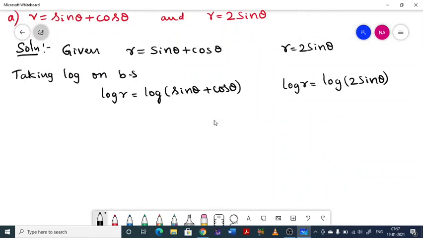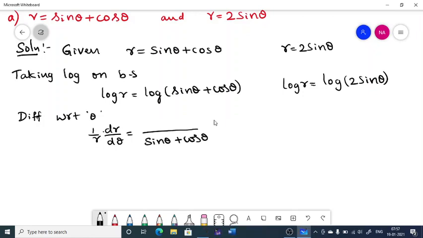Differentiating both sides with respect to theta, left hand side you get 1 by r into dr by d theta equal to, in the denominator sin theta plus cos theta, numerator will be the derivative of sin theta, that is cos theta, and derivative of cos theta, minus sin theta.